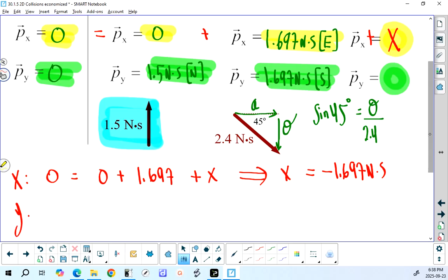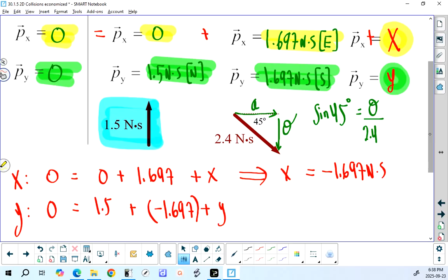For the y, and this is where we have to be careful, we have 0 equals 1.5 plus negative 1.697 plus our y, which we're trying to find.